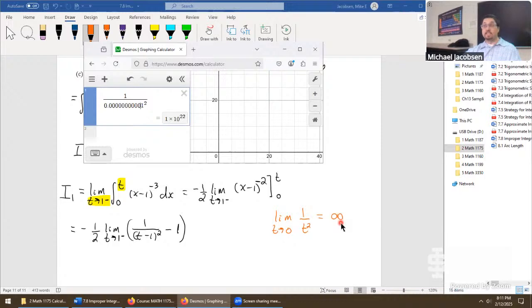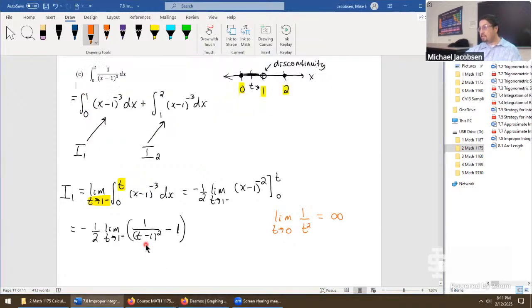The limit goes off to positive infinity on this one. The positive infinity is also because of the power 2 on this as well. So down below here, as t heads towards 1, this denominator is getting closer and closer to 0, much like over here. This whole thing is blowing up towards positive infinity. Multiplied by a negative sign in front, that means it's going off to negative infinity altogether on this one.